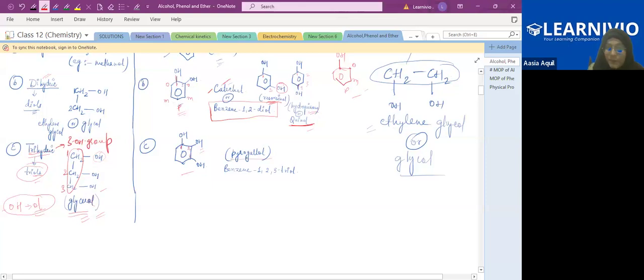Its common name is pyrogallol. When three hydroxyl groups are attached on the benzene ring, first, second, and third, adjacent to each other, all the hydroxyl groups should be at adjacent positions, then we call it pyrogallol. And the IUPAC nomenclature of this is benzene 1,2,3 triol.